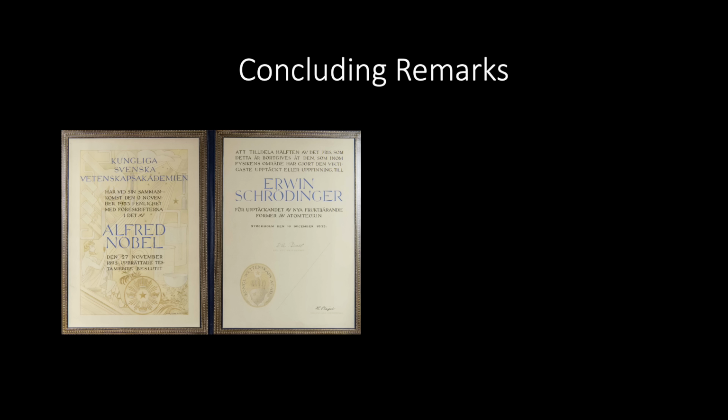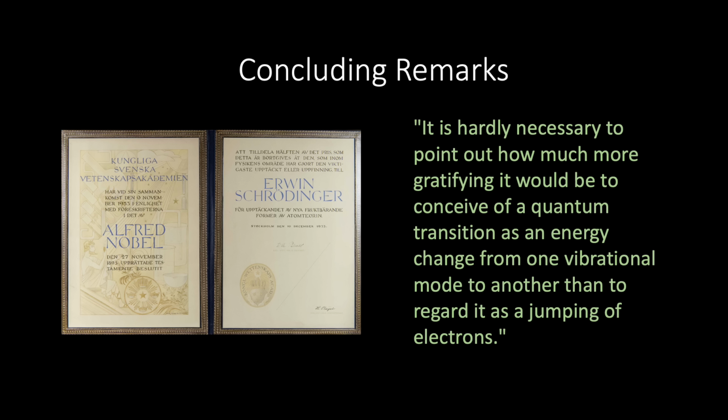It's interesting to note that Schrödinger believed his theory provided a physical picture of the process of emission of radiation by atoms. In discussing the advantages of his own theory, Schrödinger wrote, "It is hardly necessary to point out how much more gratifying it would be to conceive of a quantum transition as an energy change from one vibrational mode to another than to regard it as a jumping of electrons."